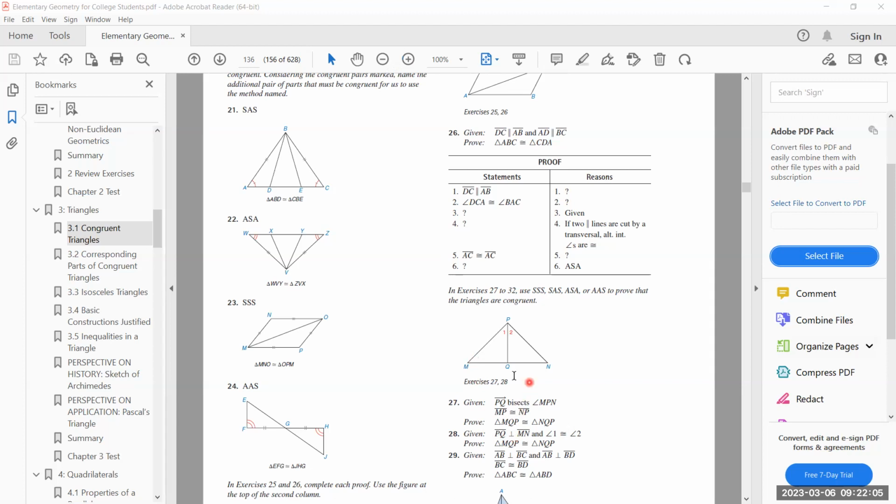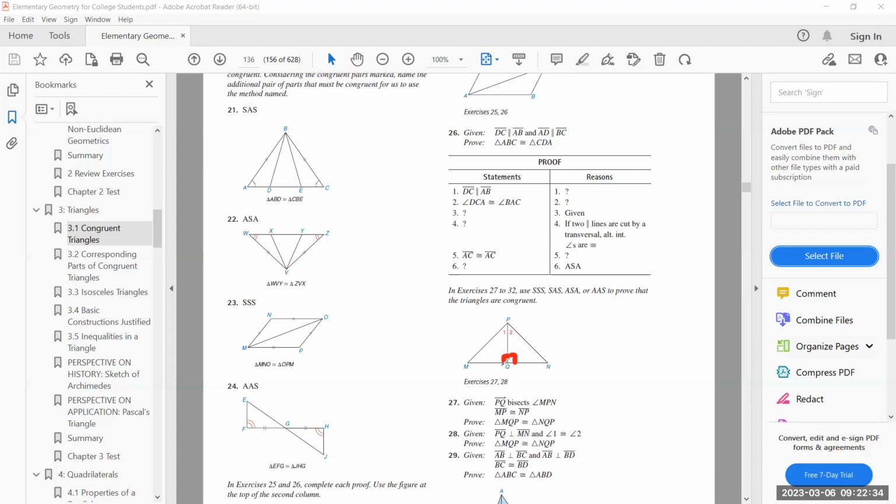So it's saying that PQ right here, this segment here, is perpendicular to MN. Now, perpendicular means that these two angles are going to be 90 degrees. Perpendicular means that it makes a 90-degree angle. So this is going to be 90 degrees, and so is this.